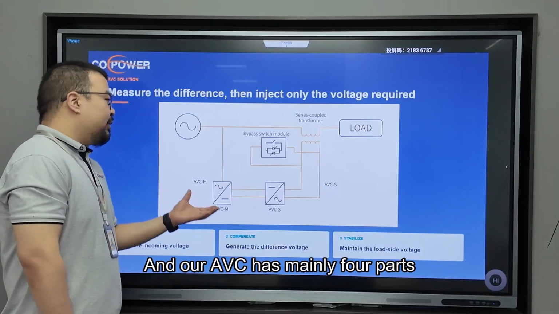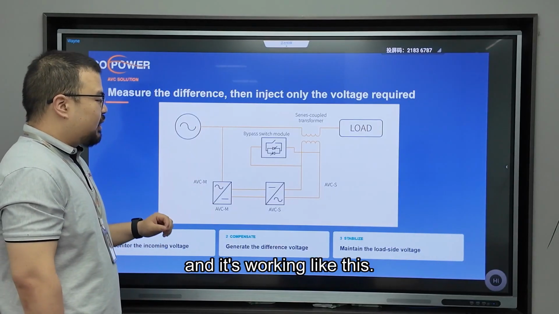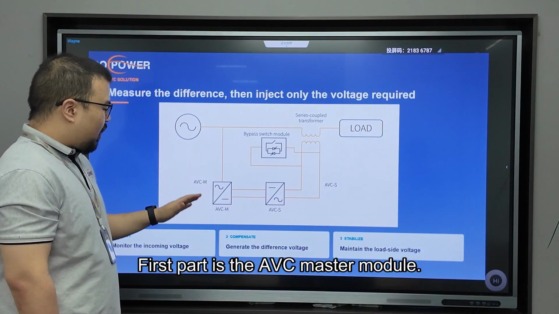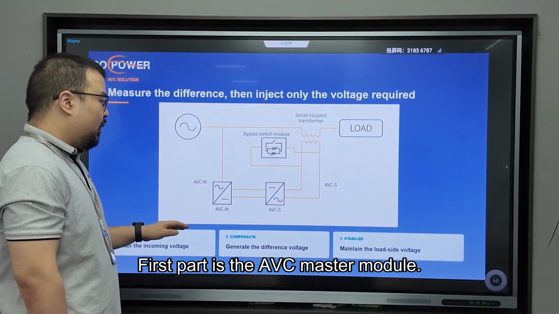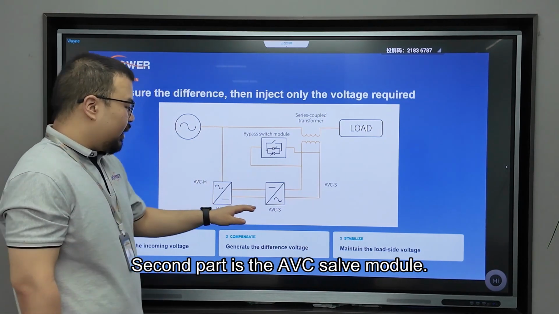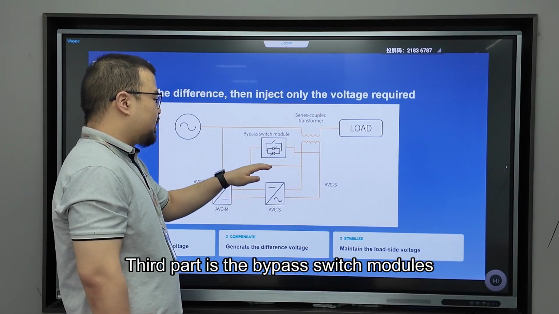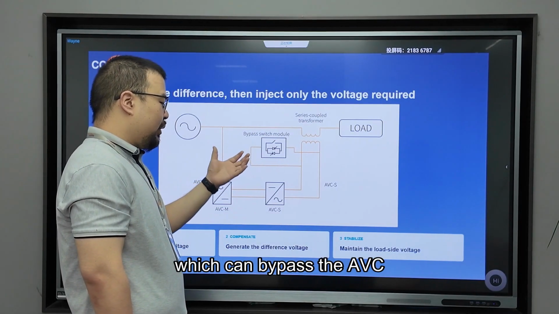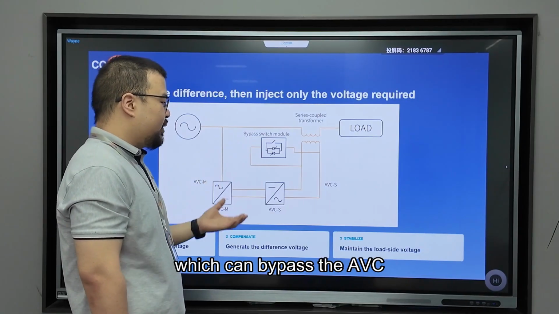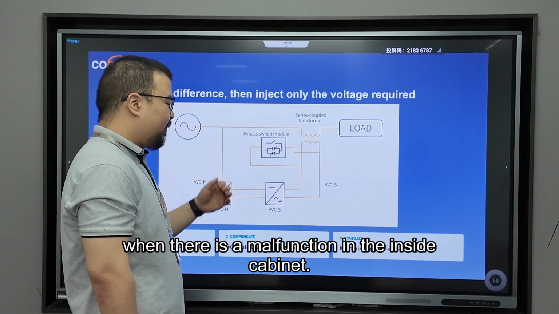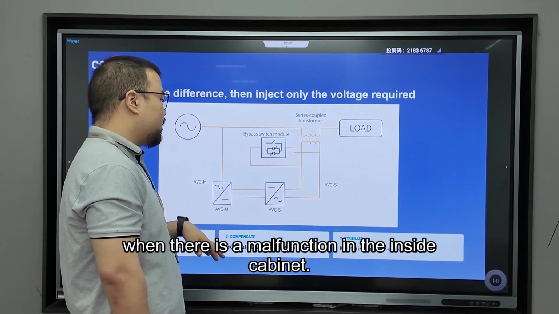Our AVC has mainly 4 parts. First part is the AVC master modules. Second part is the AVC slave modules. Third part is the bypass switch modules, which can bypass the AVC when there is a malfunction inside the cabinet.